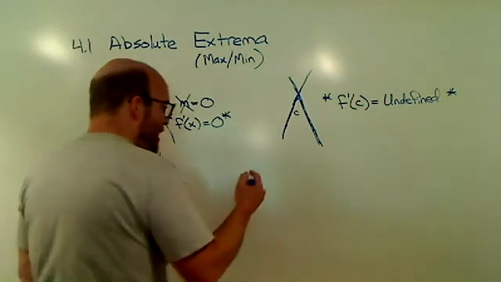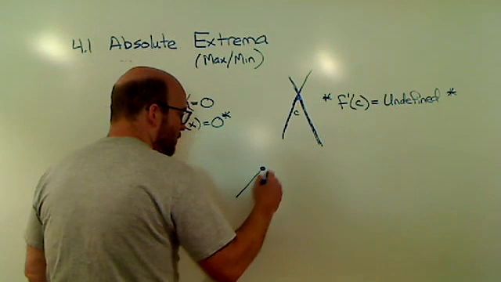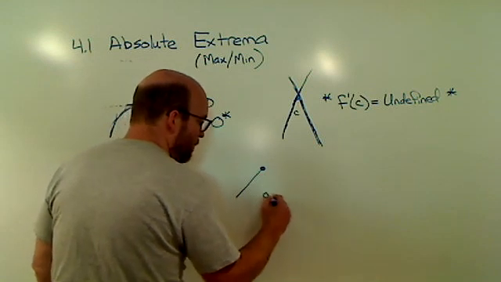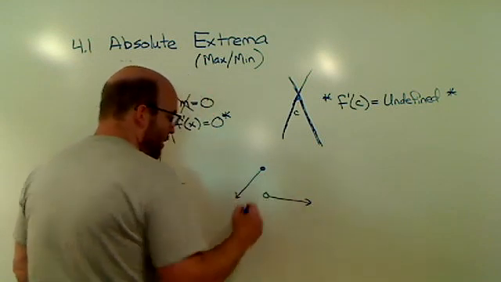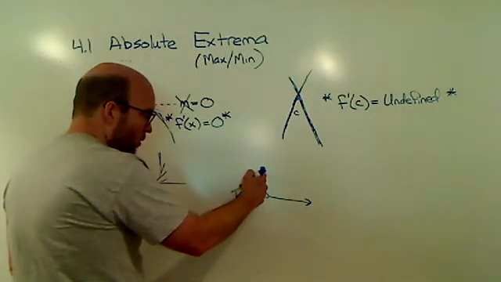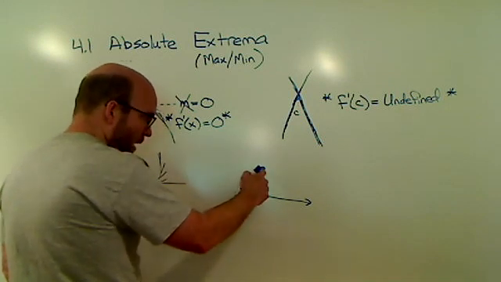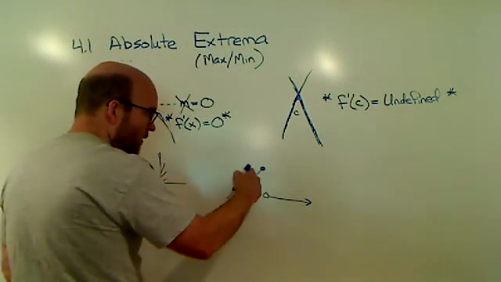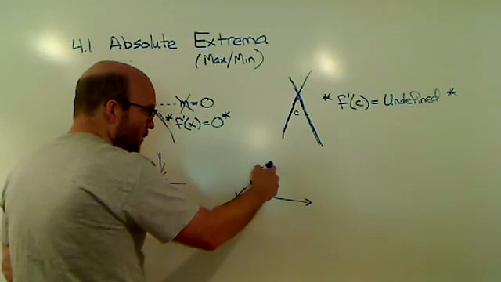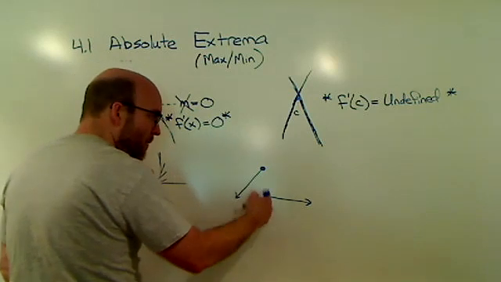So we're not going to have to worry about the weird situations we saw before, where we have something like a piecewise function that looks like this. That is something we discussed before, where this is technically a local maximum because it is higher than all the points directly surrounding it. But the reason it's a local maximum has nothing to do with derivatives. It's just a jump in the graph.